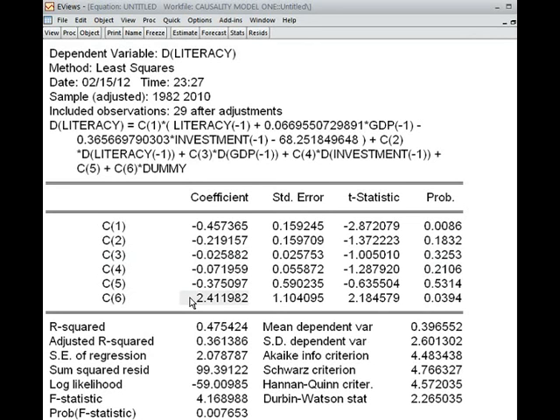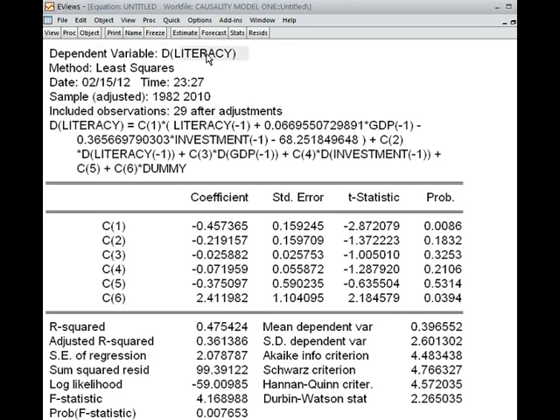So if the dummy variable is significant and the coefficient is positive, it means that the welfare state, which is Maria land, has a positive impact on the rate of literacy in Maria land.